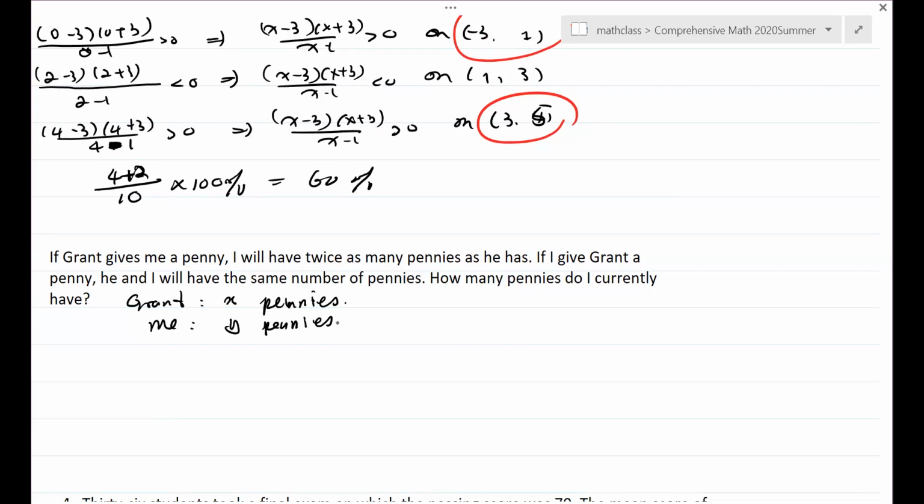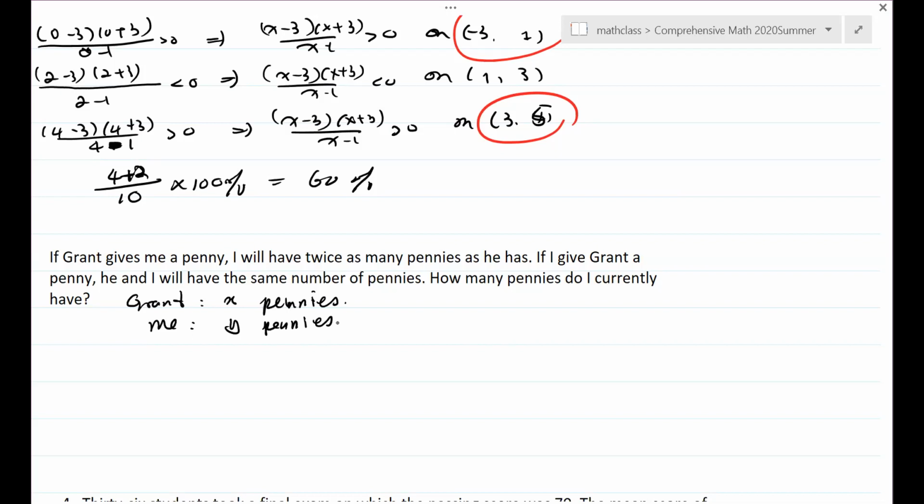Then you solve for X and Y. First, name the variables. The variables should be the unknowns in the question, but the question is only talking about myself, so you have to introduce two variables, X and Y. X is the number of pennies Grant has, and Y is the number of pennies I have.